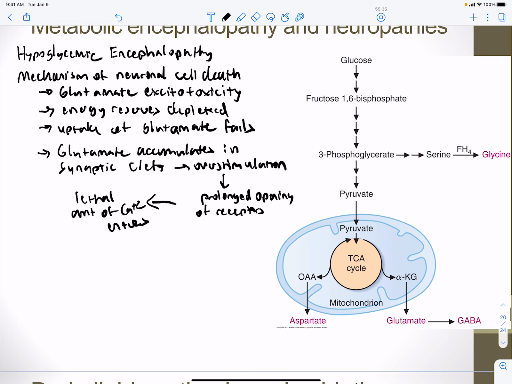There is also hypoxic encephalopathy, which can result from insufficient oxygen. This can occur at high altitudes.